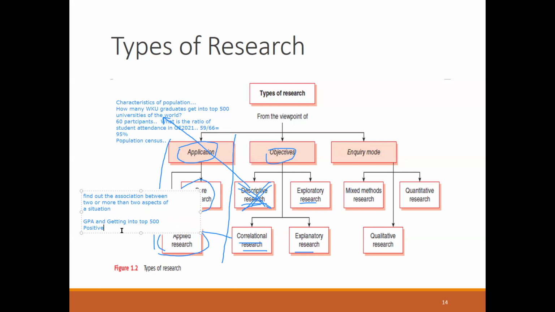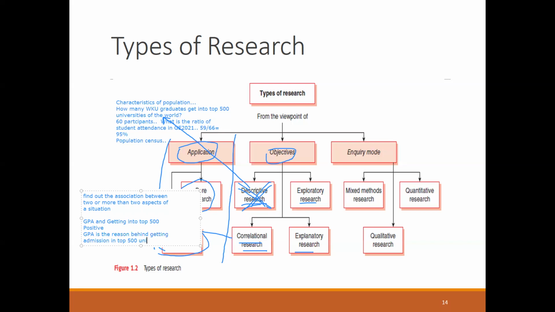So the relationship between GPA and getting into the top 500 universities of the world is positive, but it is just a correlational study. In a correlational study, we do not find out whether GPA is the reason behind getting admission in top 500 universities. We don't find the reason. We are just finding the association. Two things are related. That's it.